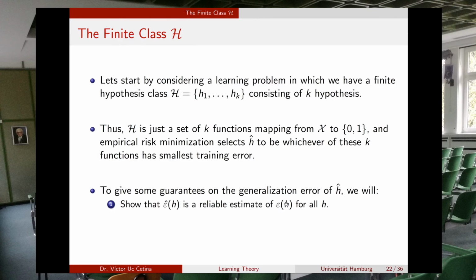So this is the error that you would expect your model to have when you classify new points. So we need to show first that this empirical error is a reliable estimate of the generalization error. And second, we need to show that this implies an upper bound on the generalization error of the best hypothesis that we can find with our training set.